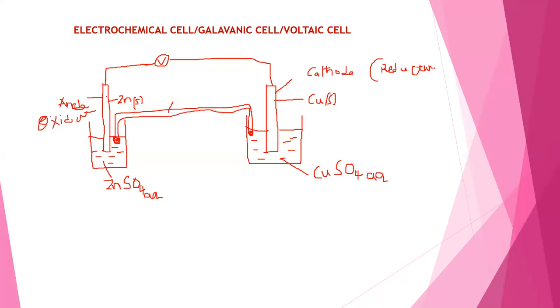So you realize that the zinc will be oxidized while the copper itself will be reduced. So how does this take place? You should always know that the most reactive element is oxidized.